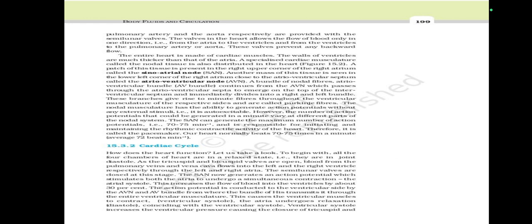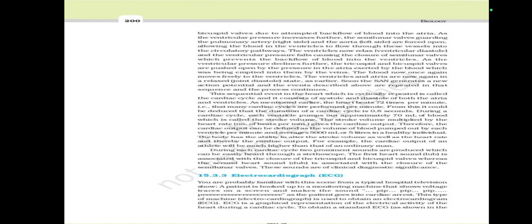The atria undergo relaxation, diastole, coinciding with the ventricular systole. The ventricular systole increases the ventricular pressure, causing the closure of the tricuspid and bicuspid valves due to attempted backflow of blood into the atria.